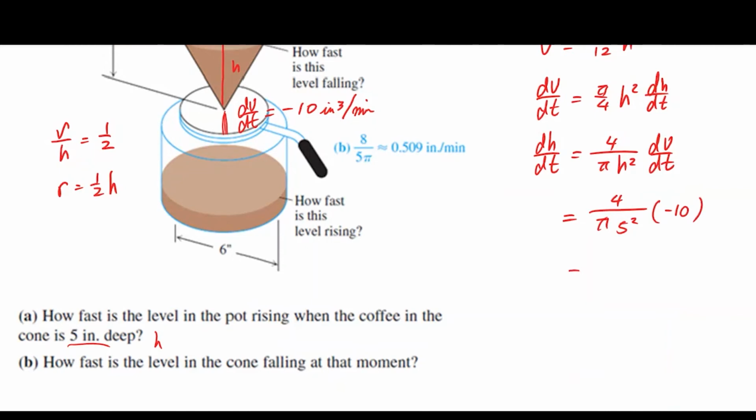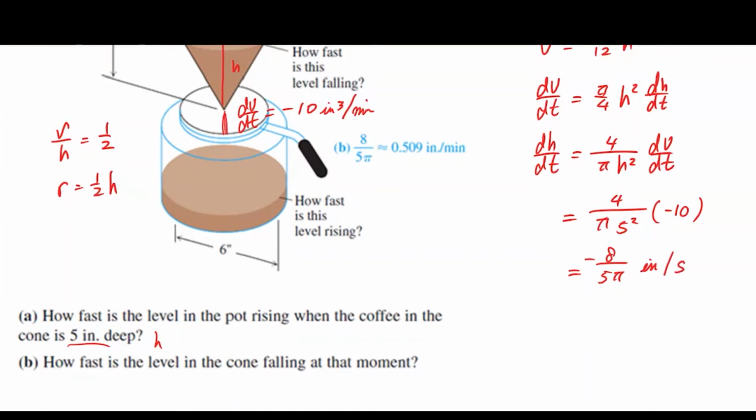And somebody tell me what this thing becomes? Is it 8 over 25 pi? Am I right? 8 over 5 pi. Negative, right? Leave it as a negative. And then inches per second.